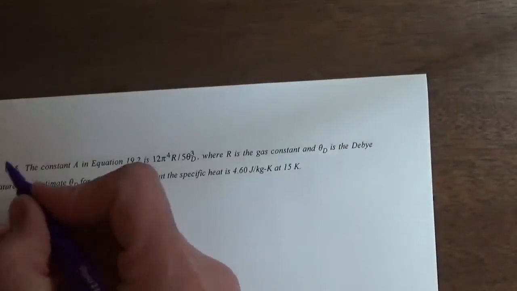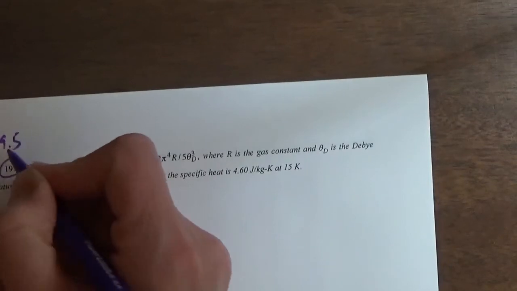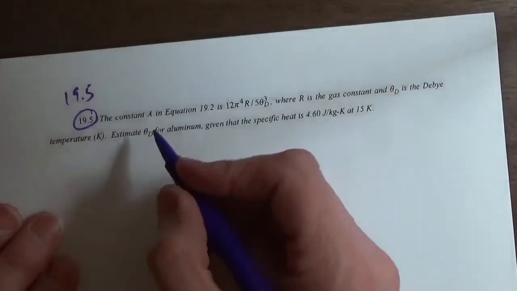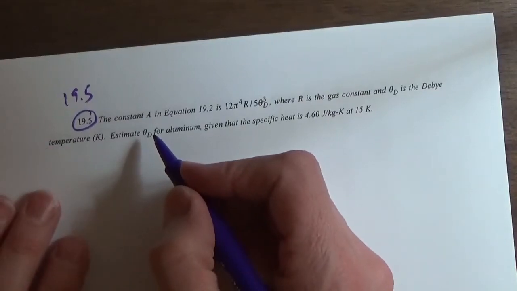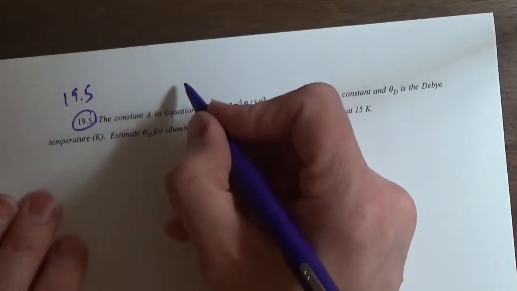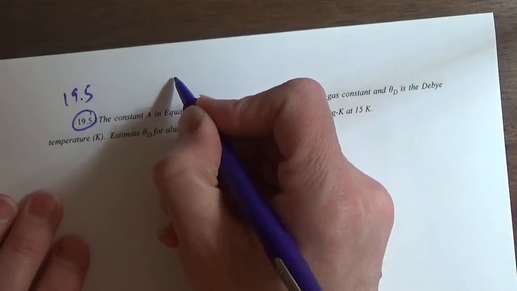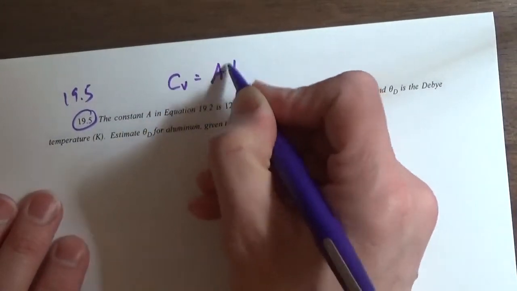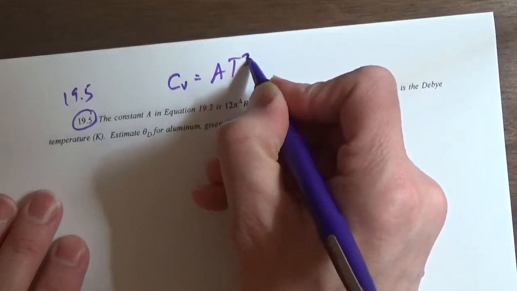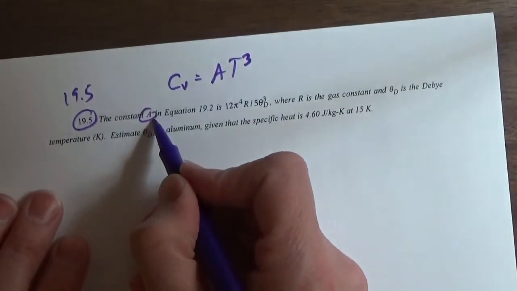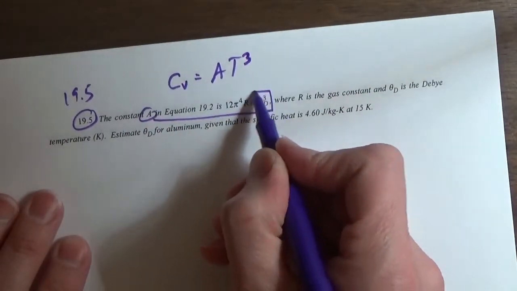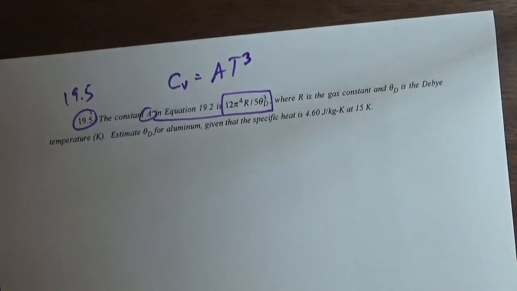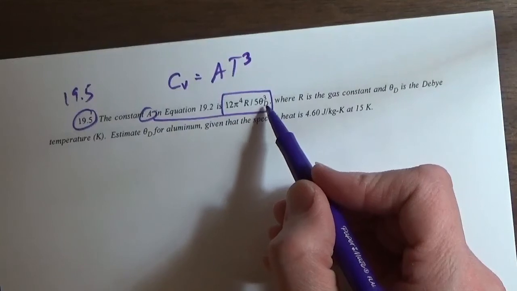Okay, now problem 19.5. Problem 19.5 tells us that in our equation, CV is equal to A T to the 3, that A is approximately 12 pi to the 4th R divided by 5 Debye constant raised to the 3rd.